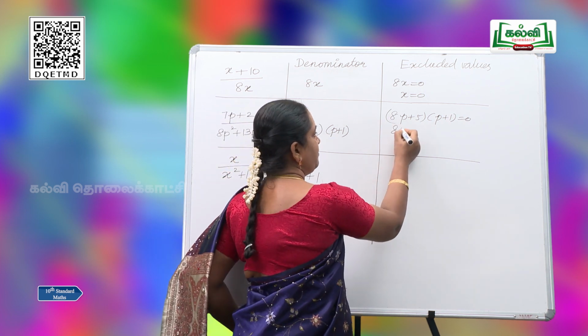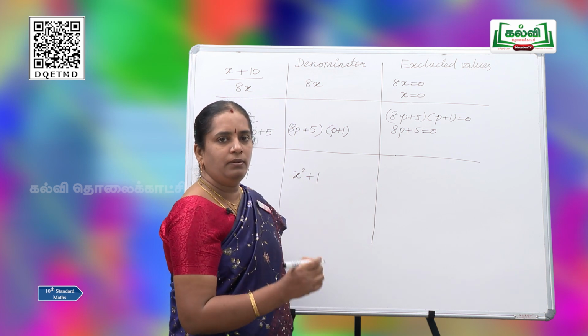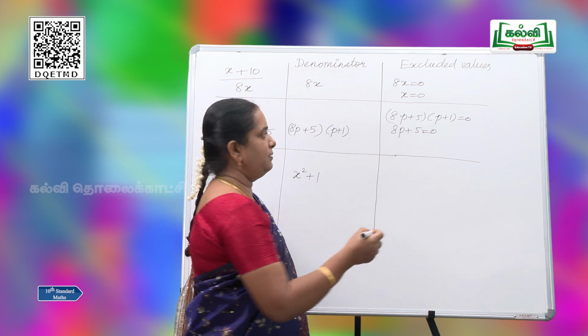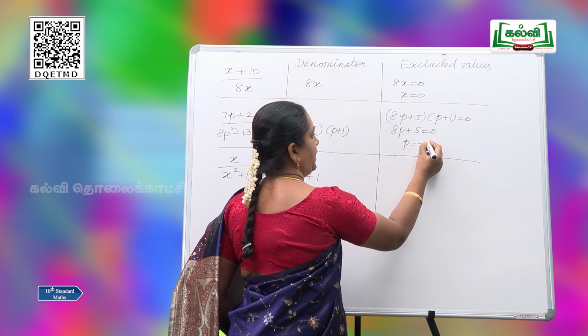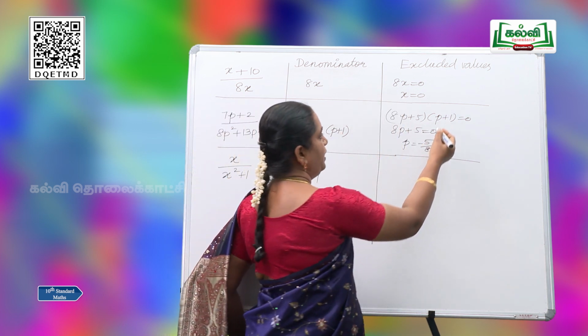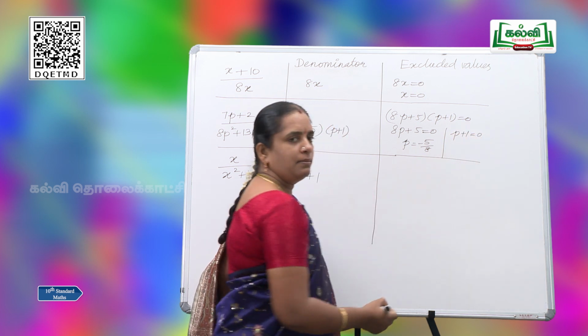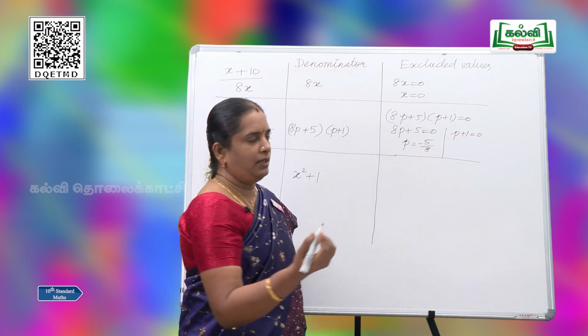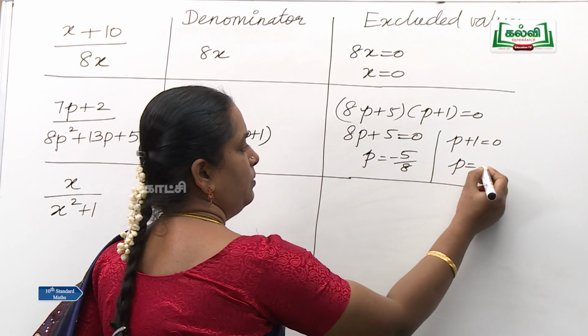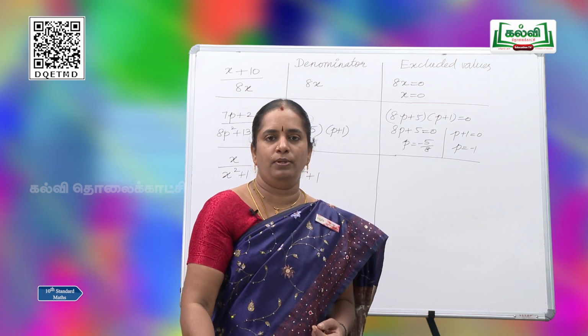If 8p plus 5 is 0, we can say that p is equal to minus 5 by 8. So, p is equal to minus 5 by 8 is an excluded value, and one more value is p plus 1 is equal to 0. That means p is equal to minus 1. So, p is equal to minus 1 is another excluded value.